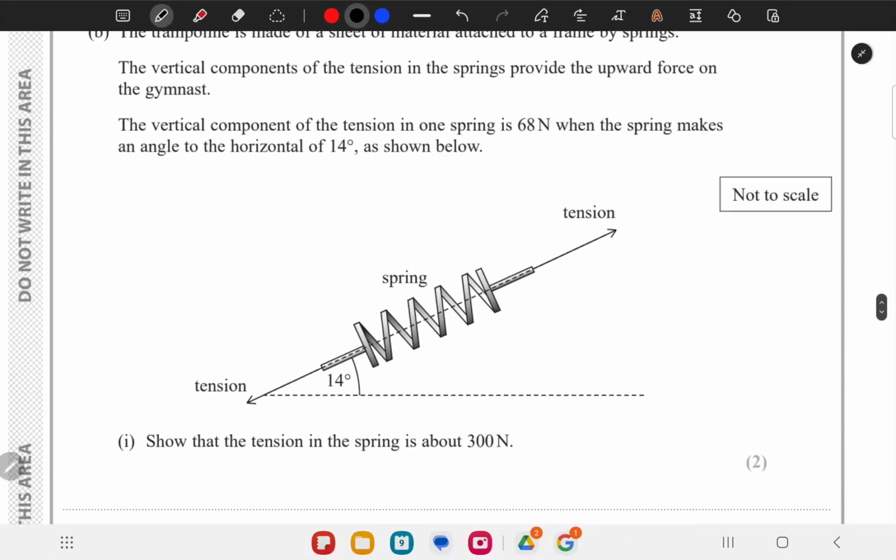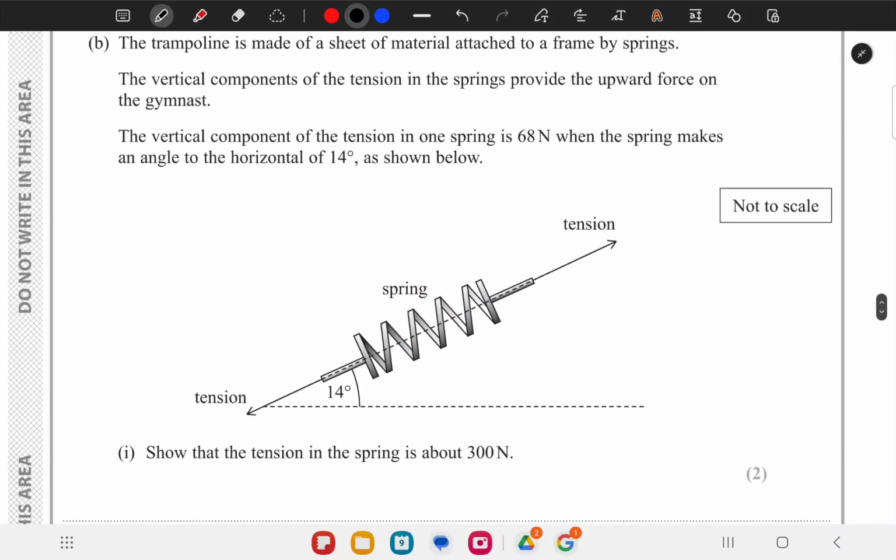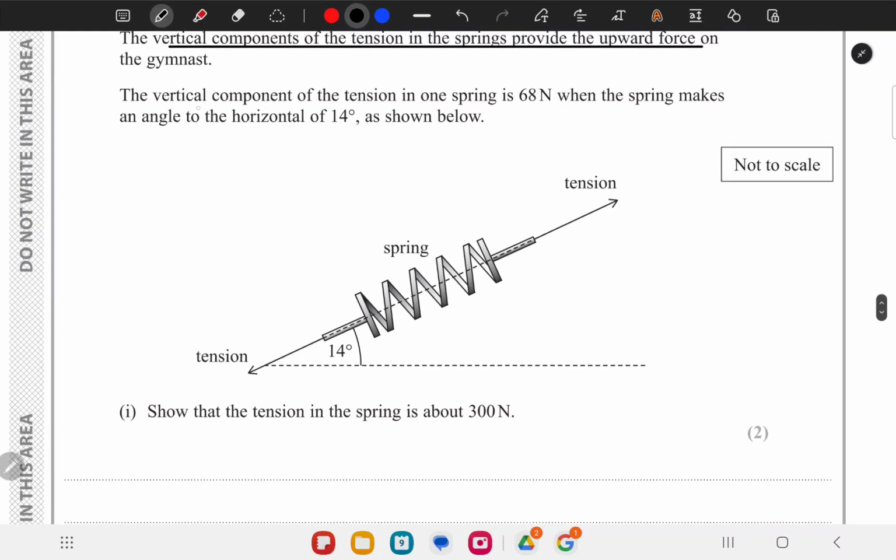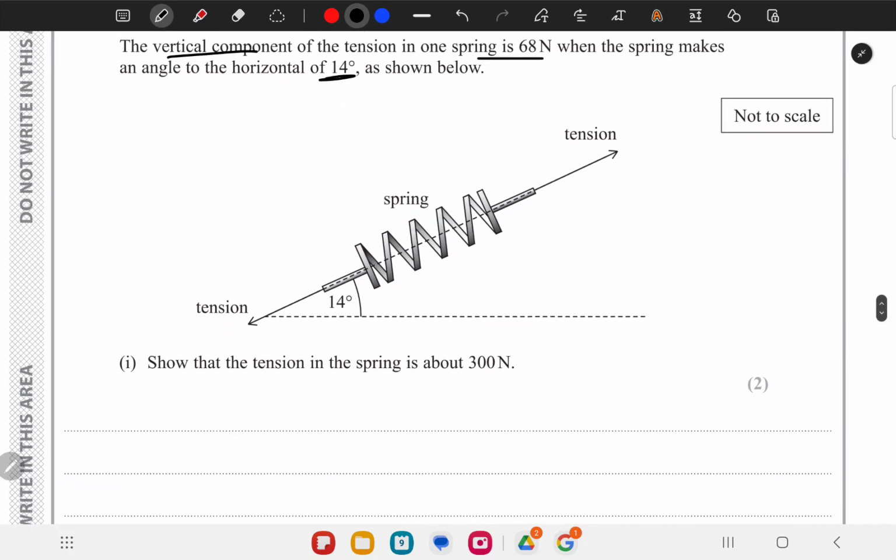Now moving to part B, we are given a spring at an angle of 14 degrees. And the vertical components of this tension provide the upward force. We are given that the vertical component of the tension in one spring is 68 newtons at a horizontal angle of 14 degrees.